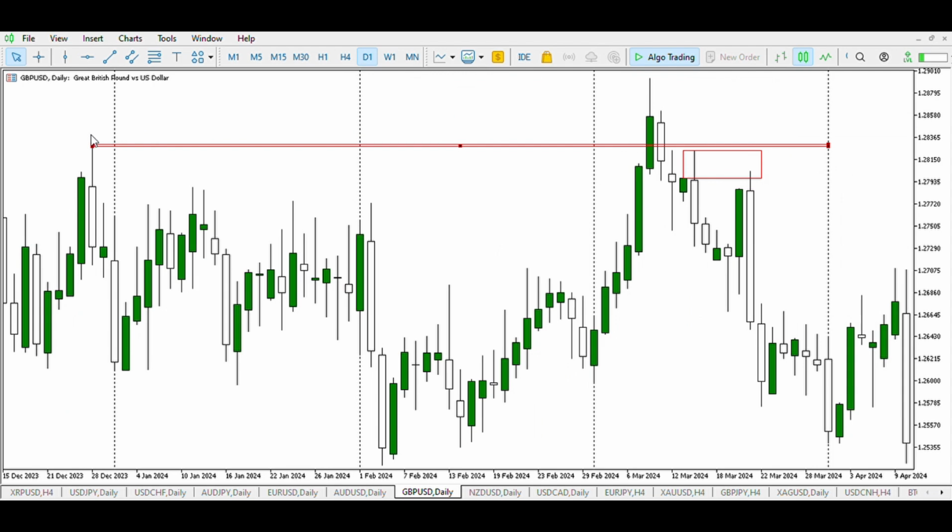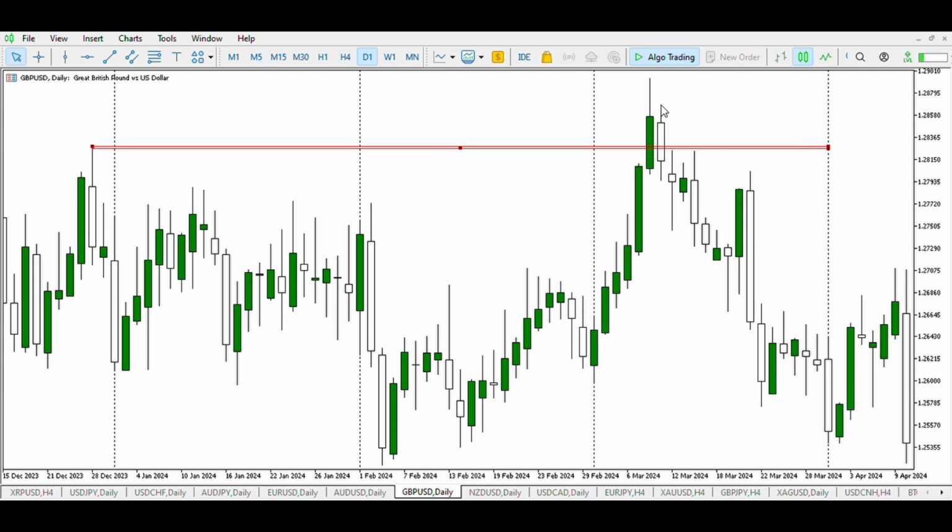You can see this is the resistance from the last 3 months. Price took it out in a liquidity manner, and we have an engulfing candle during the middle of the week. Let us remark them. And see, not more than 2 closes. Closes must not be more than 2.